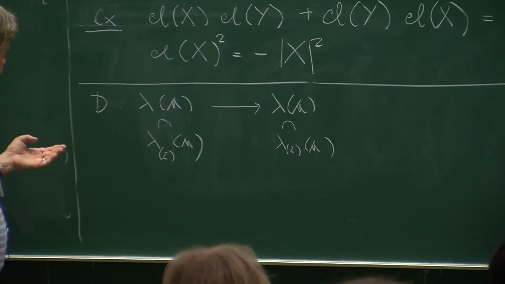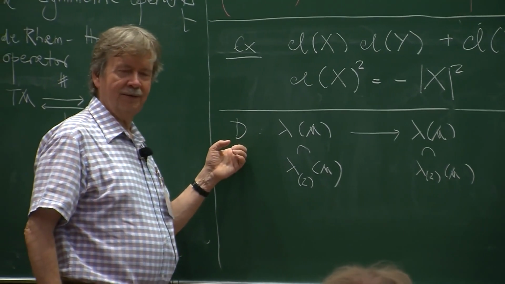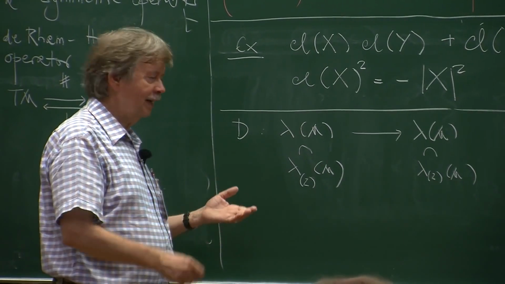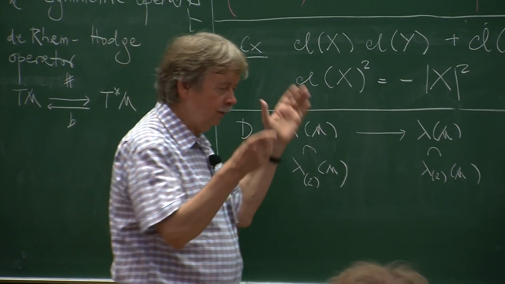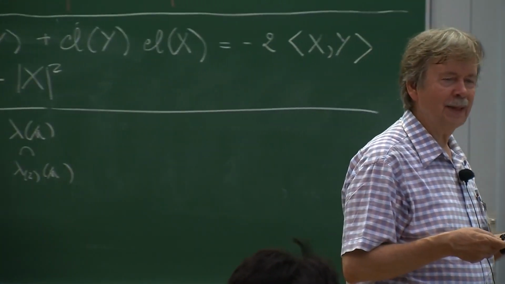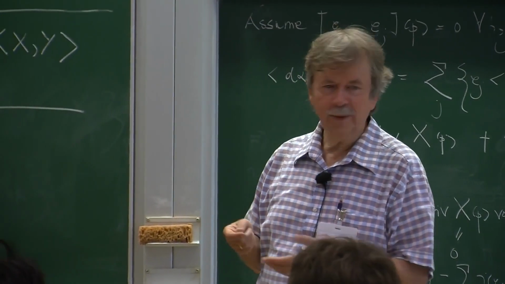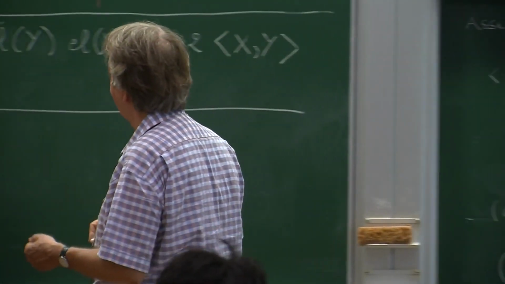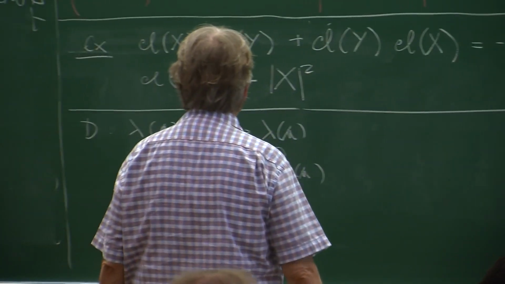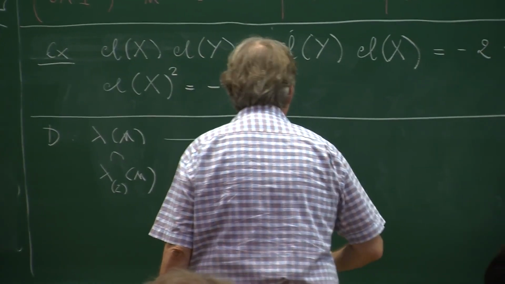Of course, I could say what an eigensection is in eigenspaces. I could hope that the whole L2 space decomposes into eigenspaces, but this would be ad hoc and not with any theory. So what is the theory? The theory has two aspects.